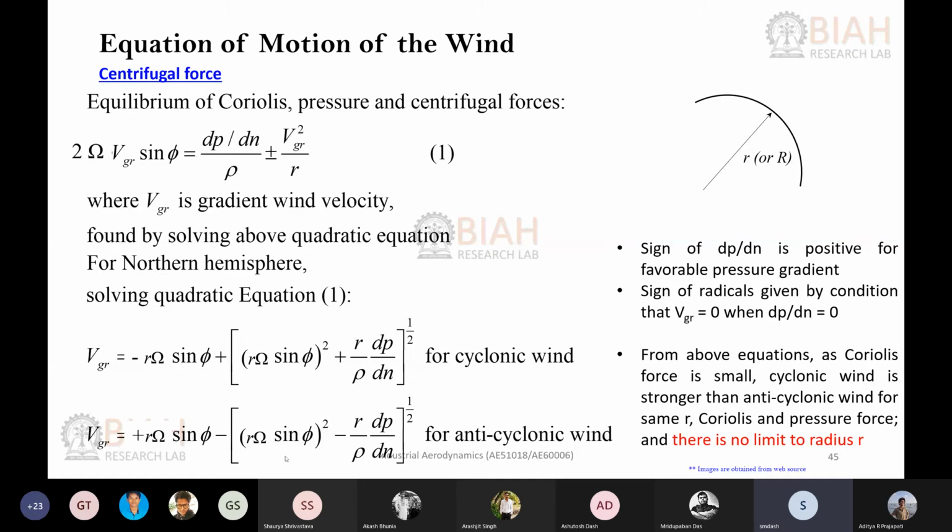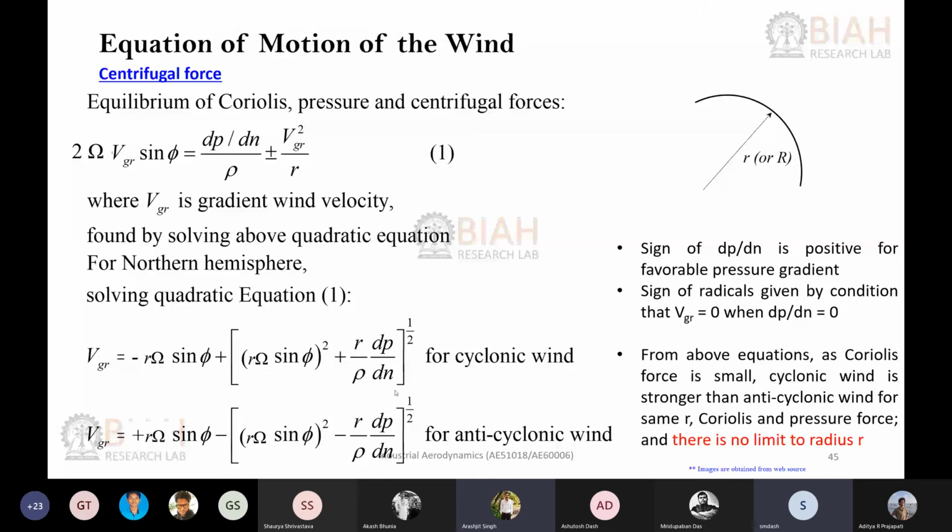You can get either this or this equation based on whether you are doing a cyclonic or an anticyclonic wind, that means plus or minus. I did not show the detailed derivation here, but you can very well come from here to here. Both equations can be derived by just choosing the appropriate sign, for cyclonic wind and anticyclonic wind.